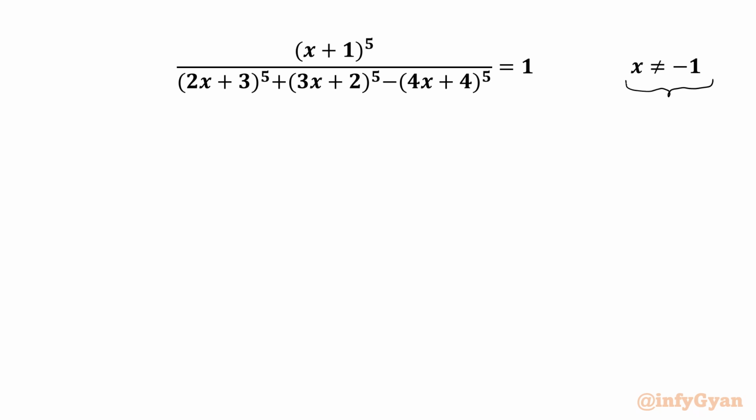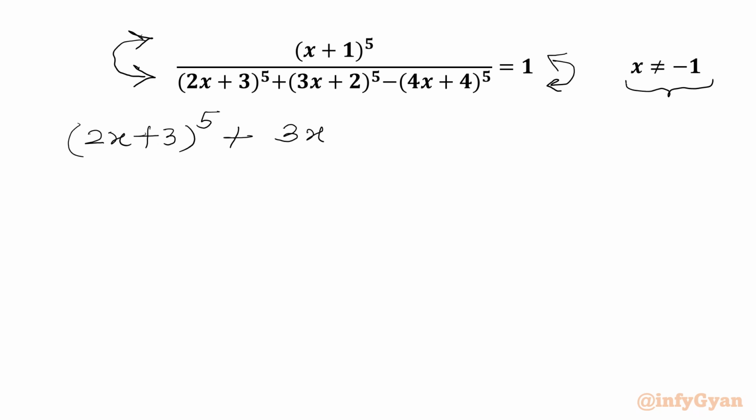Let's get started. I will begin this solution by flipping numerator and denominator on both sides. In RHS it is 1, so we consider 1 over 1; the reciprocal would be the same. So we will write here (2x plus 3) whole power 5 plus (3x plus 2) whole power 5 minus (4x plus 4).